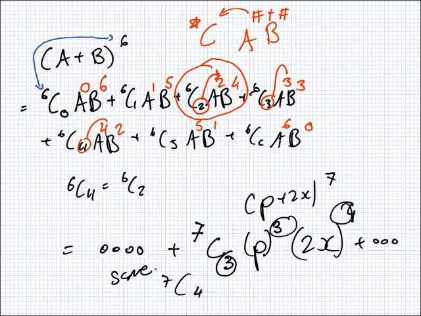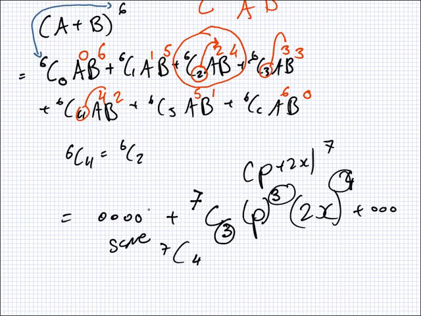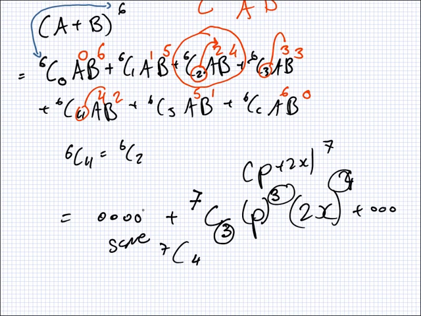So if the question needs us to put the 4 on the 2x, it's this answer. If it didn't say that, the 4 can be on p or on x. Is that okay? Are you sure?